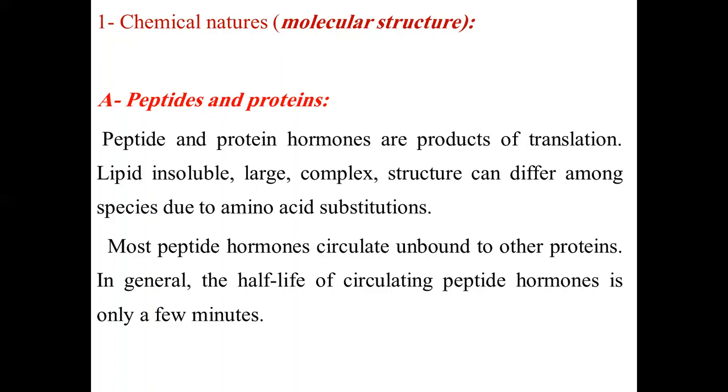We know that there's a process called transcription from the DNA to messenger RNA, and messenger RNA translates to the protein in the translation process. So those hormones, peptides and proteins, are synthesized in this way: from DNA to messenger RNA by transcription, and from the messenger RNA to the protein or peptide by translation.